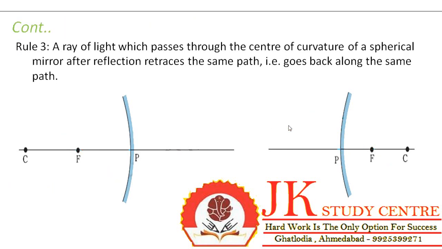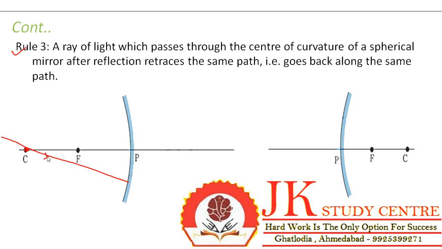Let us look at rule number 3. It says that a ray of light which passes through the center of curvature of a spherical mirror, after reflection retraces the same path, that is, goes back along the same path. So let us suppose you have a ray of light which passes through the center of curvature, through this point.